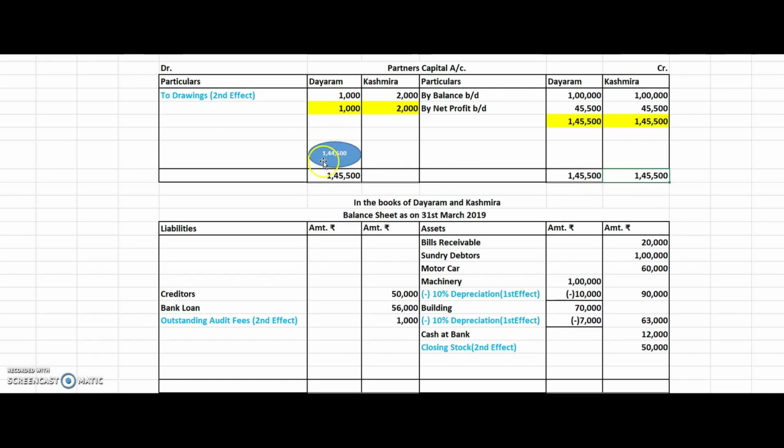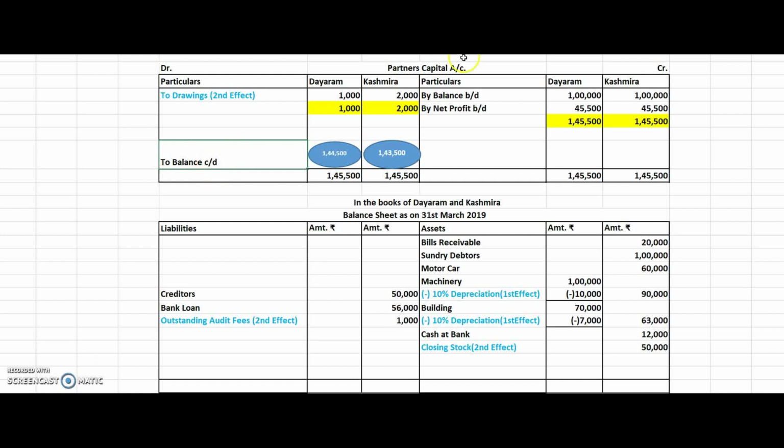The difference for Dayaram was 144,500, after which you find out the total of Kashmira, which is 145,500, and again you write it on the debit side, and then for Kashmira 145,500 minus 2000 will give you a difference of 143,500. Both these numbers are called as to balance carried down.